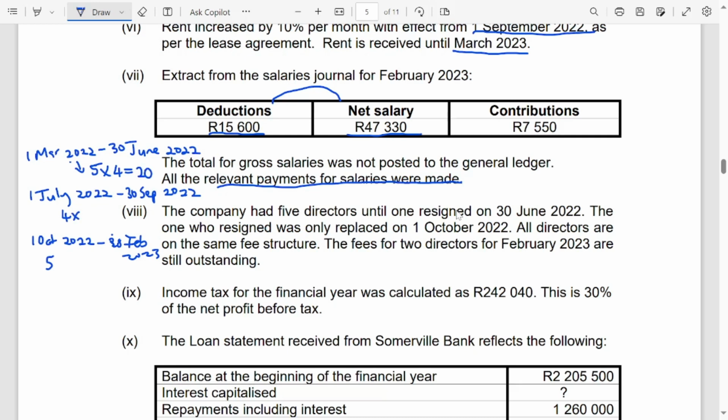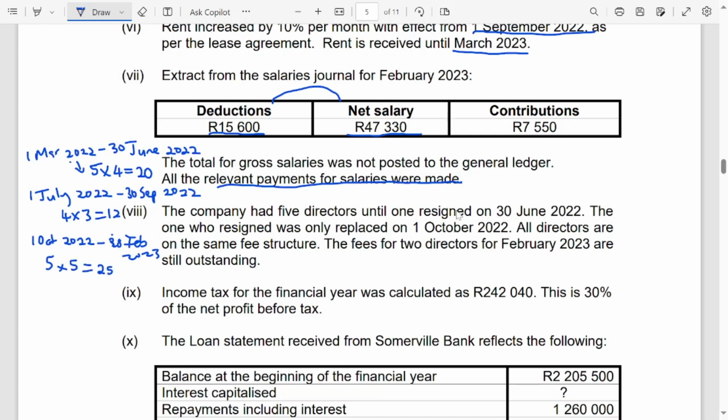So we had 4 directors for 3 months. That is going to be 12. And then from the 1st of October 2022 to 28 February, October, November, December, January, February, for 5 months, we had 5 directors. That is 25.